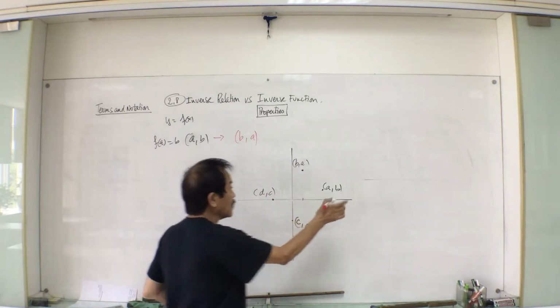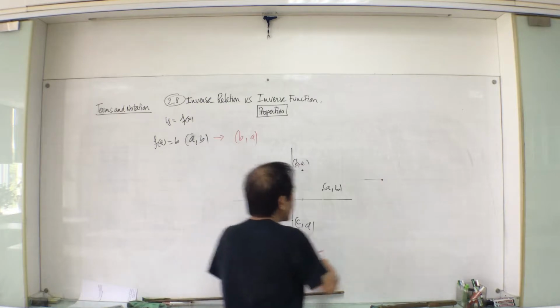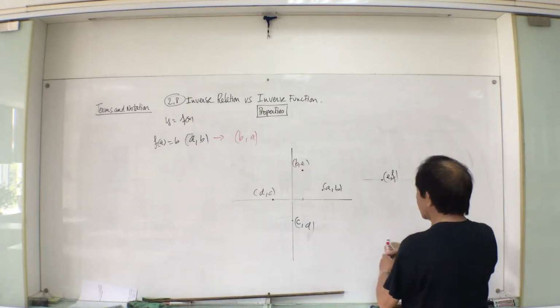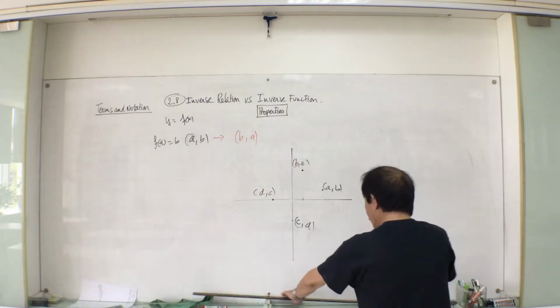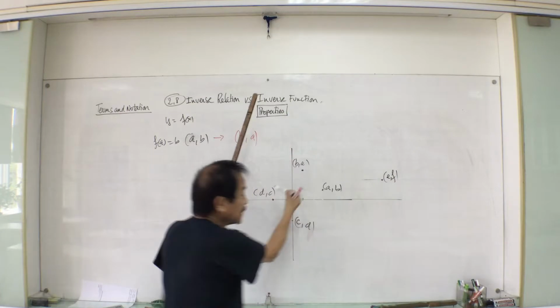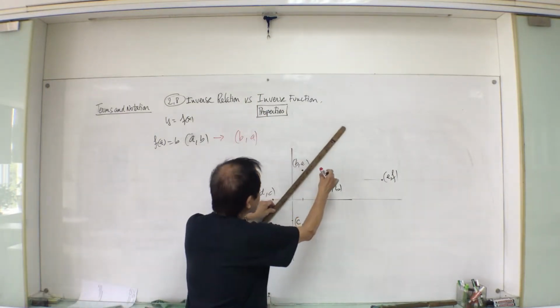Let's take one more. You have a point here, (e, f). So what should the inverse be? Now we don't need to count anymore. Let me show you. All these points reflect across the line y equals x, the equation y equals x right here.